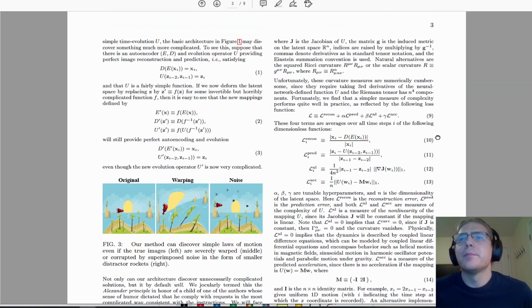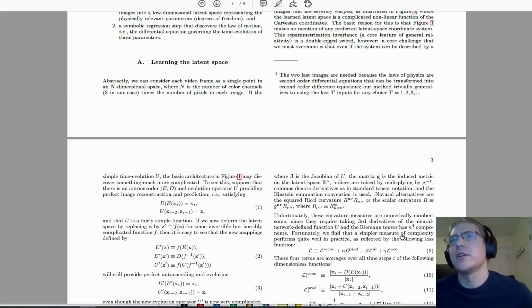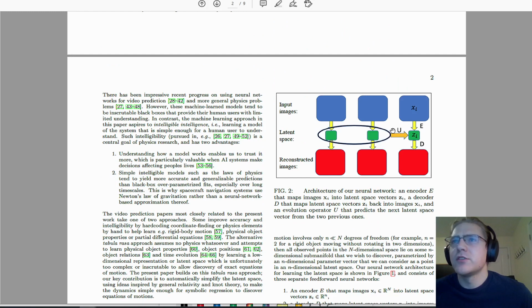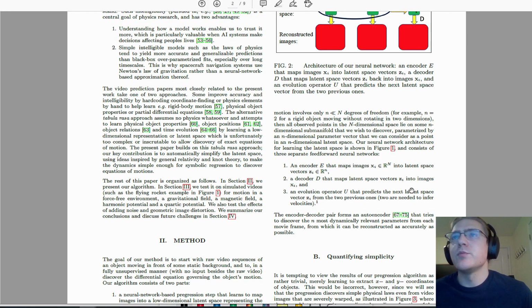So you really want to prioritize simplicity as you're trying to build this map. Also, you're trying to push this whole system into a state where the latent space here is well suited for simple laws of motion. As simple as is possible.